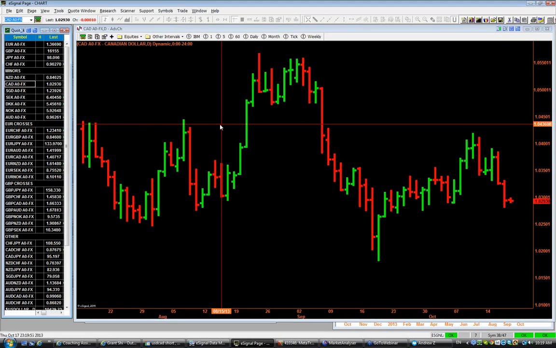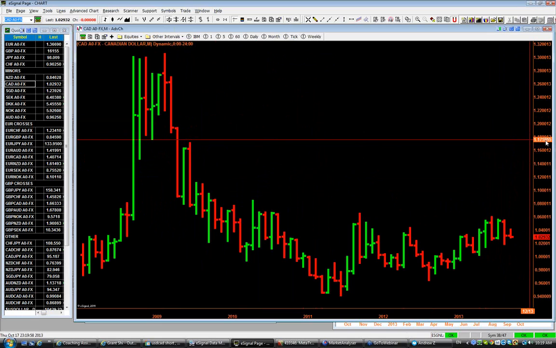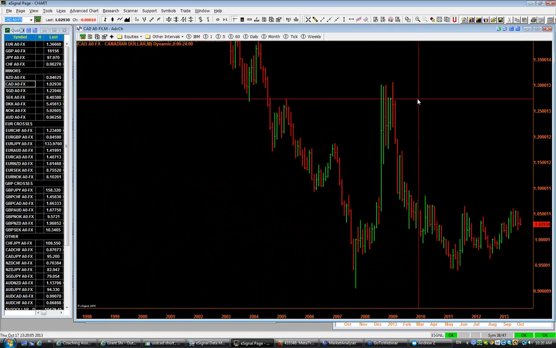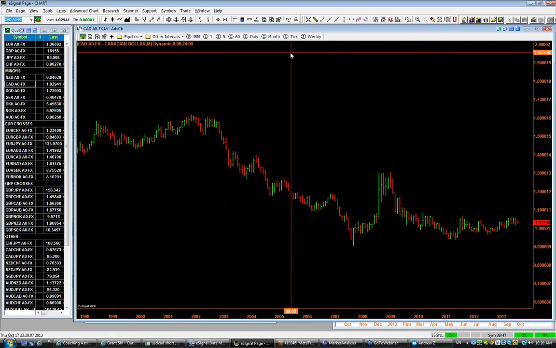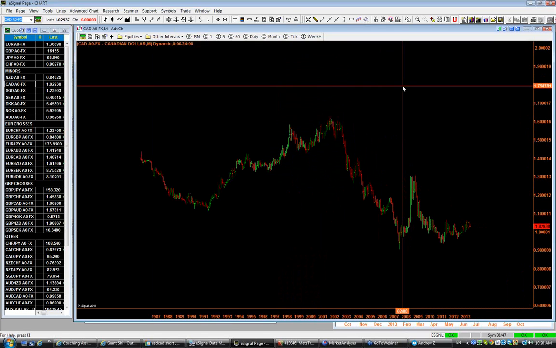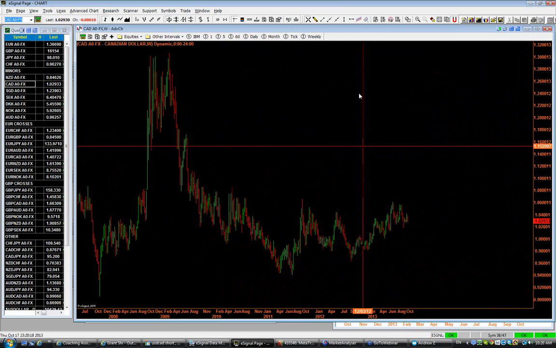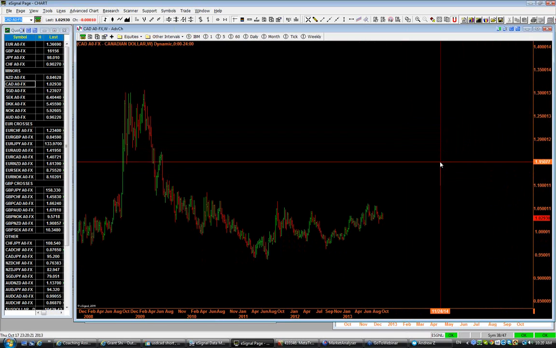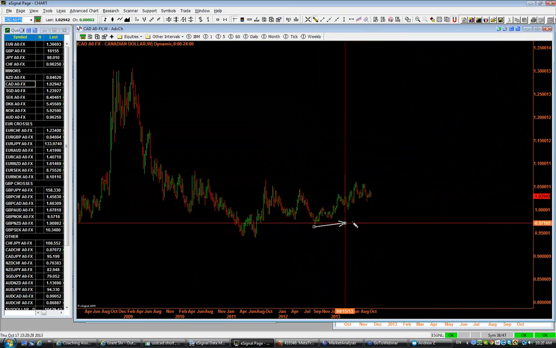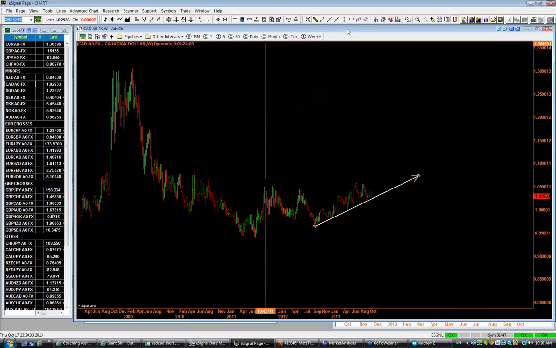Monthly chart. Okay, let's draw on the weekly chart.